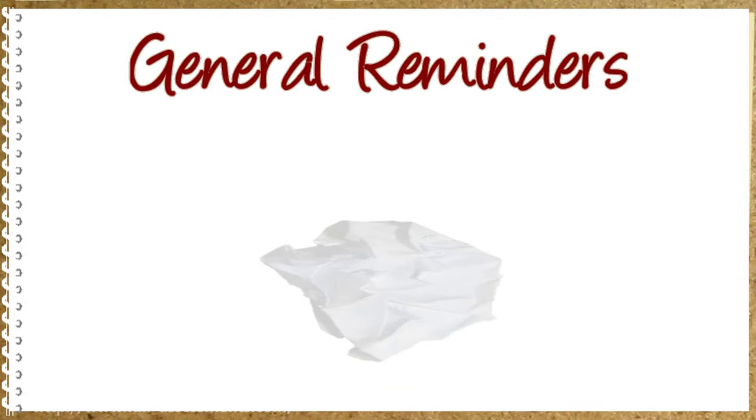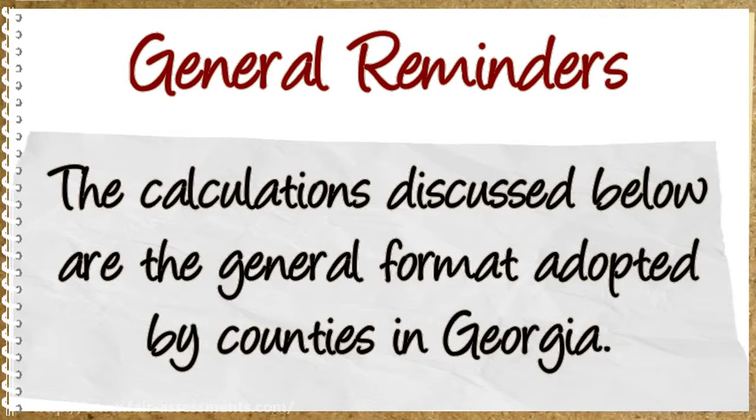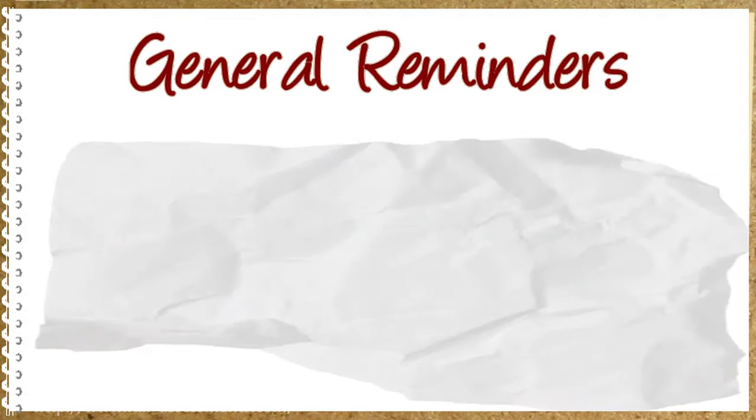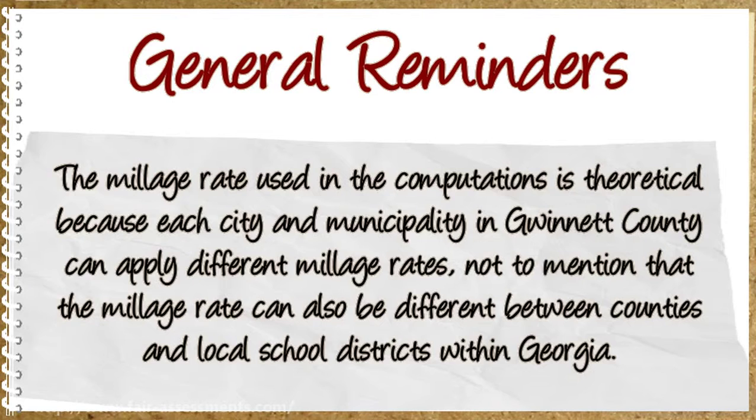General reminders: the calculations discussed below are the general format adopted by counties in Georgia. The millage rate used in the computations is theoretical because each city and municipality in Gwinnett County can apply different millage rates, not to mention that the millage rate can also be different between counties and local school districts within Georgia.